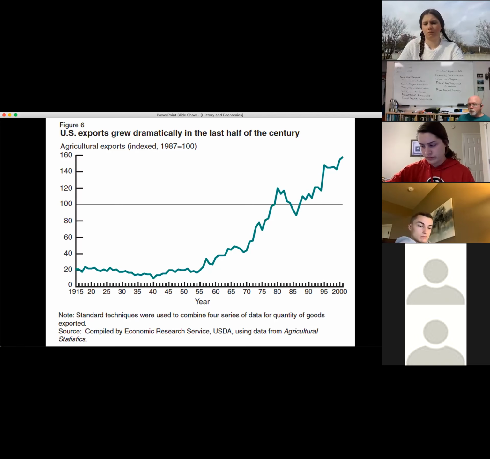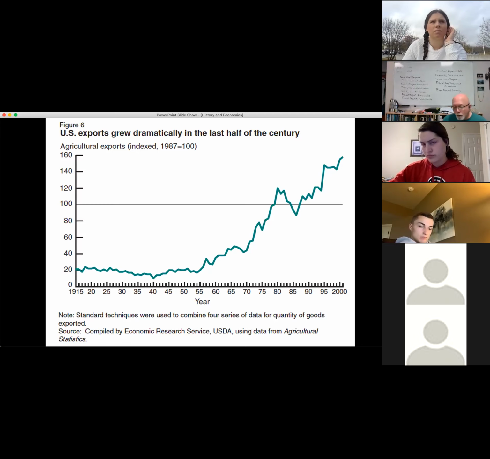The food prices went up because supply went down, and as a result, farmers made more money. Between 1932 and 1935, net farm income rose by about 50%. And so the plight of farmers from a financial perspective was much better.